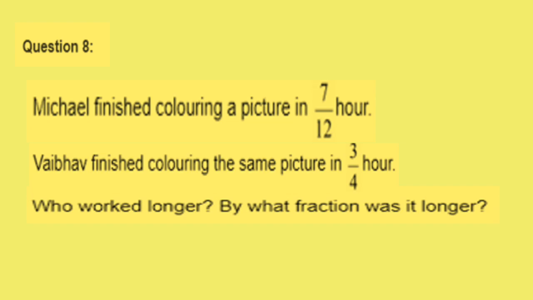If they are comparing any fractions, then you have to check the denominator. If it is the same, then look at the numerator, and whichever is greater is larger. But if the denominators are different, then you have to use LCM or cross multiplication.